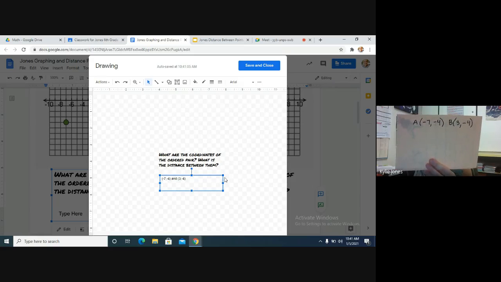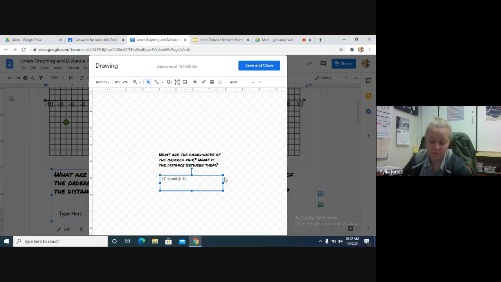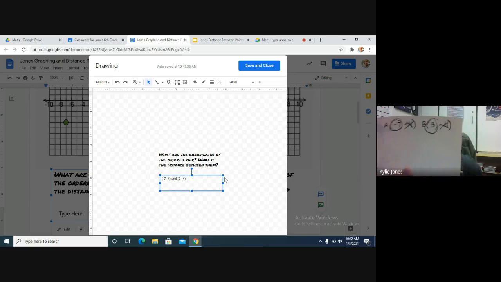The X's or the Y's? The different ones are 7 and 3. The same ones are 4 and 4. Good. So I'm going to cross off our -4s because we don't need our -4s. But we're going to use the -7 and the 3 to do our problem.